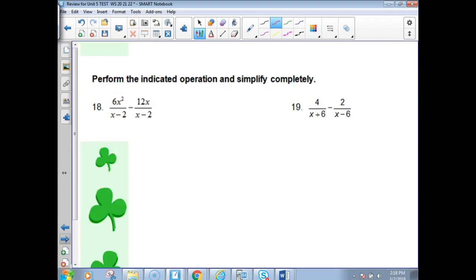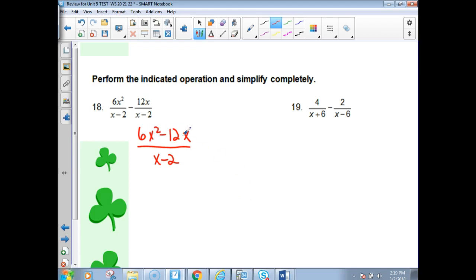All right, going forward. Perform the indicated operation and simplify completely. Now this is doing subtraction, and we really didn't do too hot with this on the first quiz. This was probably the most challenging topic. If the denominators match, then we just subtract the numerators, and we leave the denominator in the answer, unless it can be simplified further.